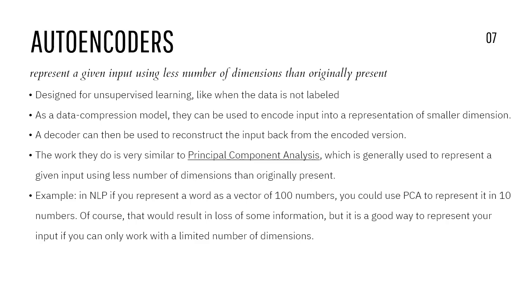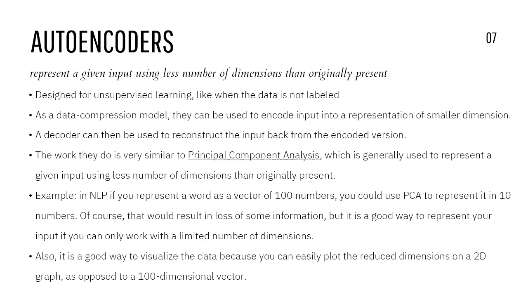Of course, that will result in some information loss, but it's still a good way to represent your input if you can only work with a limited number of dimensions. Also, it is a good way to visualize the data because you can easily plot the reduced dimensions on a two-dimensional graph as opposed to a 100-dimensional vector.